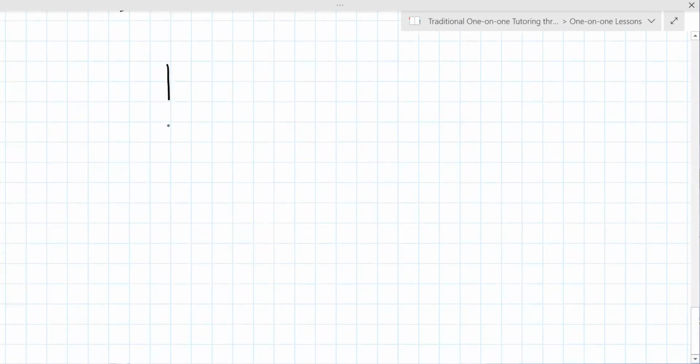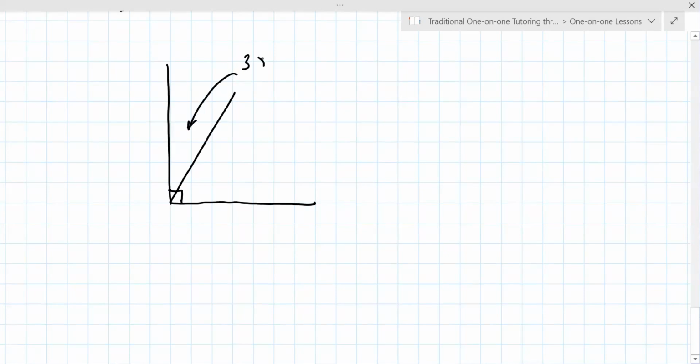Now, are you solving equations like, let's say, I give you a right angle like this, and I tell you that this angle right here is 3x minus 20 degrees, and this one right here is 6x minus 10 degrees.